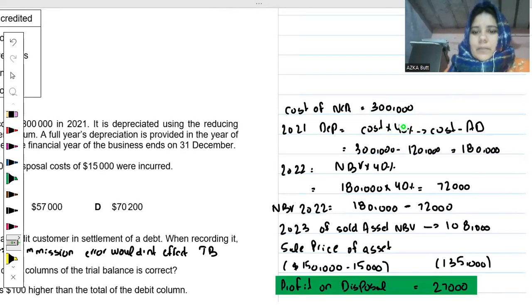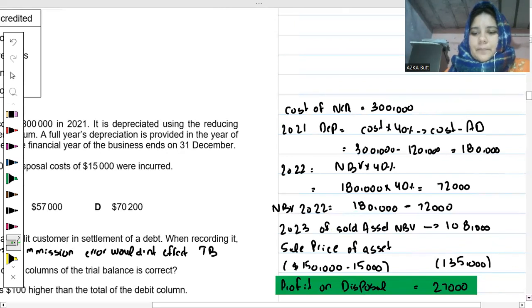The 300,000 was its cost and 40% of it is $120,000, so the net book value is $180,000. In 2022, again, we apply this 40% on the net book value. The net book value is 180,000 and depreciation is 40%, so we have 72,000 depreciation at this time.